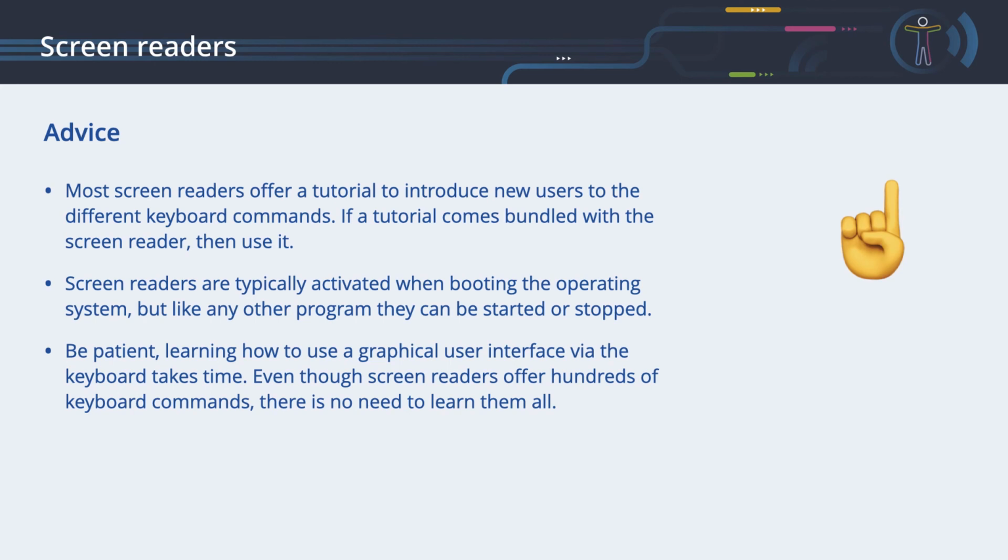If you just want to test your document for accessibility, then you can start and stop the screen reader at any time. Be patient. Learning how to use a graphical user interface via the keyboard takes time. Even though screen readers offer hundreds of keyboard commands, there's no need to learn them all. Most times it will be sufficient to learn a dozen keyboard commands to test your document for accessibility.